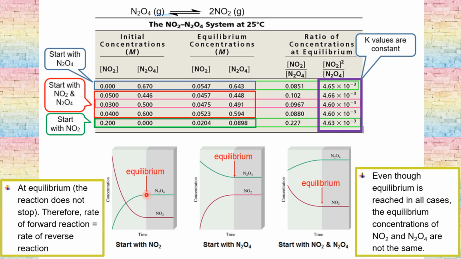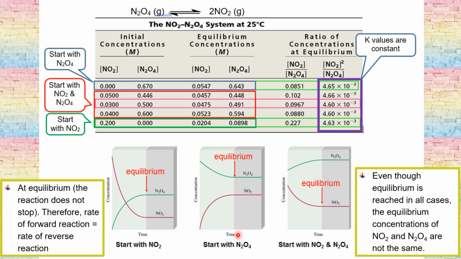At equilibrium, the concentration of NO2 has dropped to 0.024. The concentration of the reactant N2O4 increased to 0.0898 somewhere here, and then it remains constant as time goes by, which means the system has achieved equilibrium.